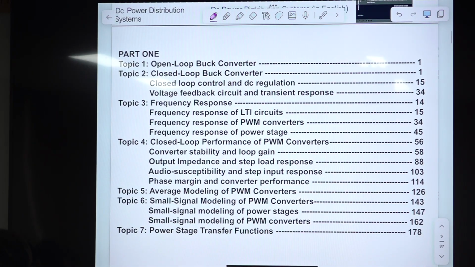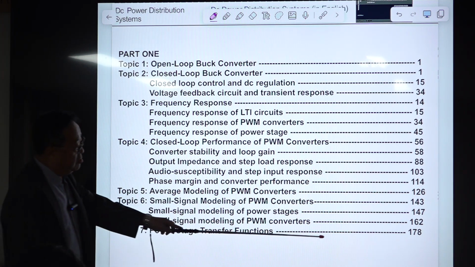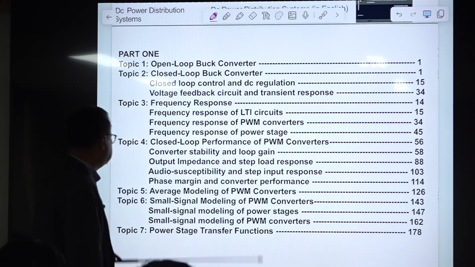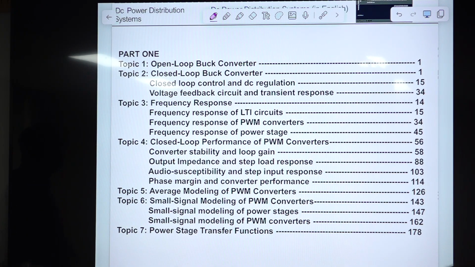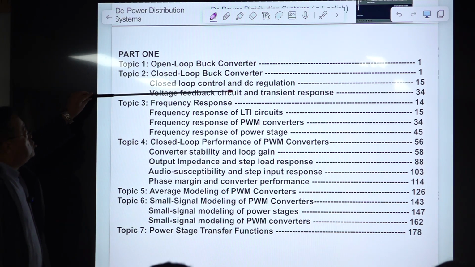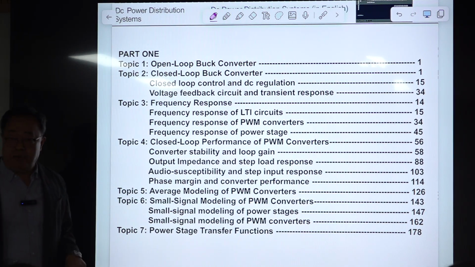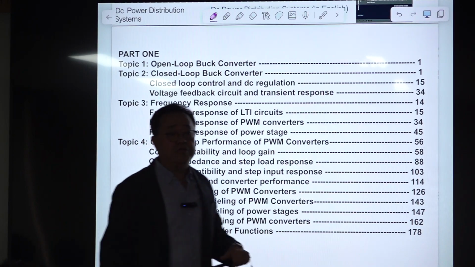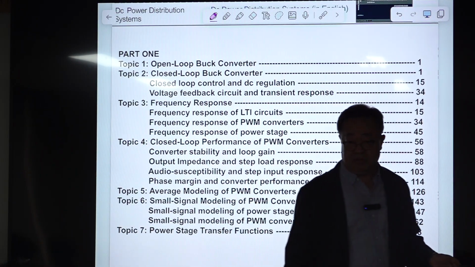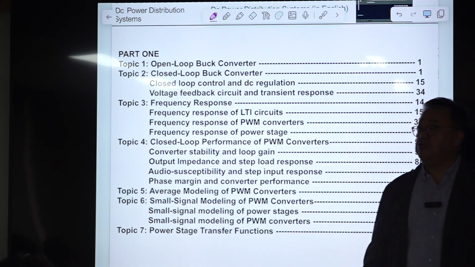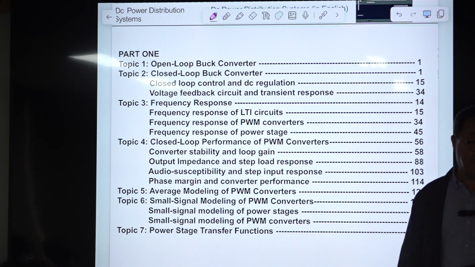This is the content of this lecture. So part 1 goes about 250 pages. Okay, we have so many topics: open loop buck converter, closed loop buck converter. We start from the beginning. Okay, I know there are many undergrad students taking this class, and I know there are some students not majoring in electrical engineering, and some students not exposed to the subject of power electronics at all.